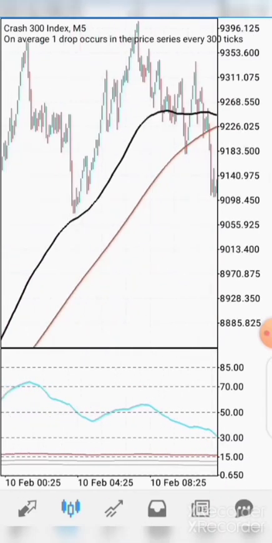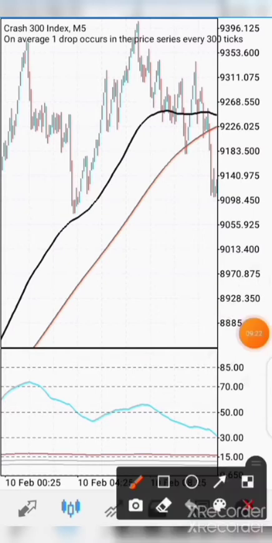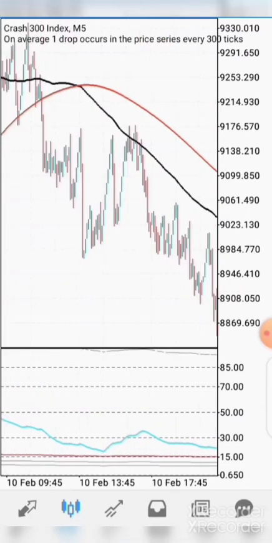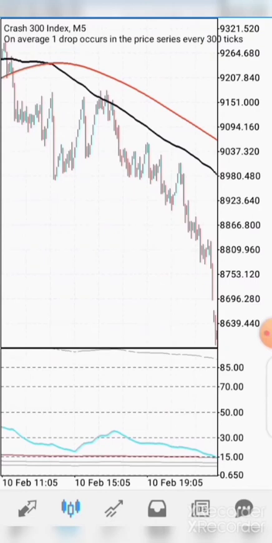You see what happens immediately it goes up: you will be tempted to enter. Look at what happened here. It just went up a little bit, and it crashed down. It keeps going down. You understand?